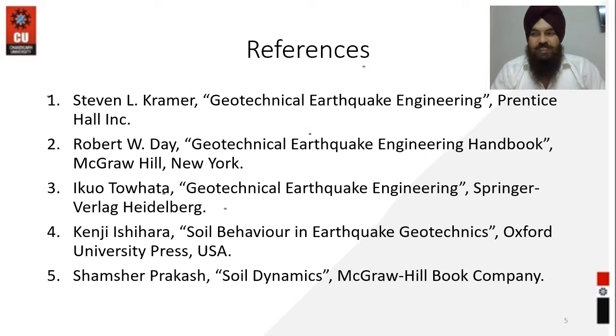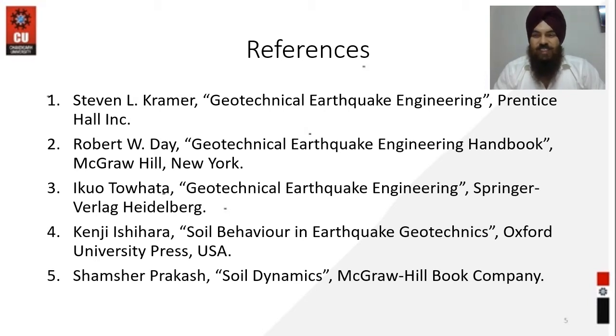Now let us see what are the major references we'll be following for this course. Here is the list of the books. There are some other references also we'll be discussing as well. First is Stephen L. Kramer, Geotechnical Earthquake Engineering, published by Prentice Hall.